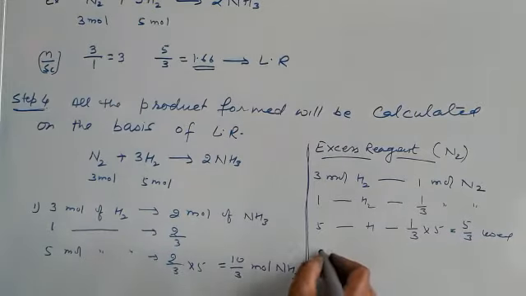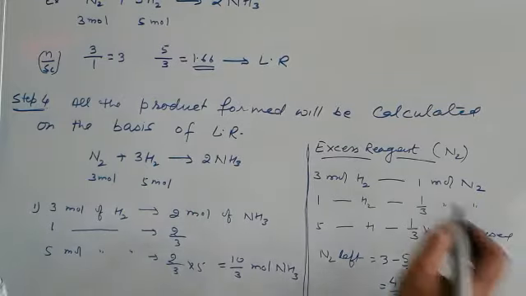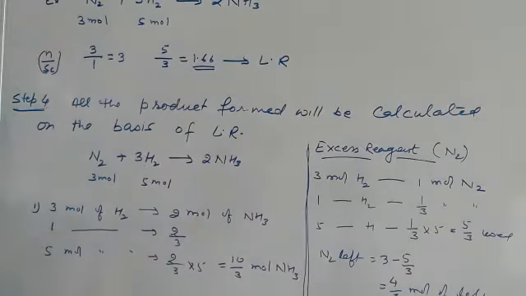Out of 3, 5 by 3 used, so 4 by 3 moles of nitrogen left. So these are the steps to find the LR and calculate the product formed on the basis of LR.